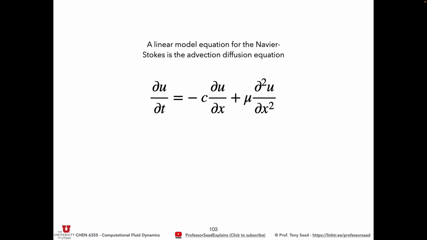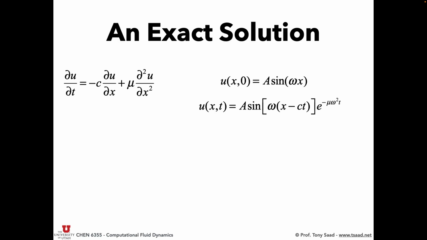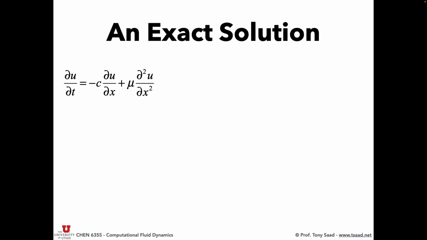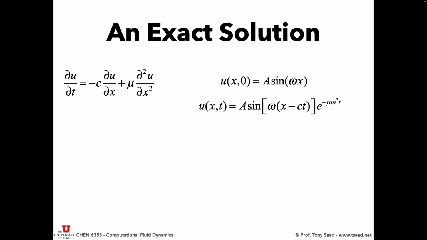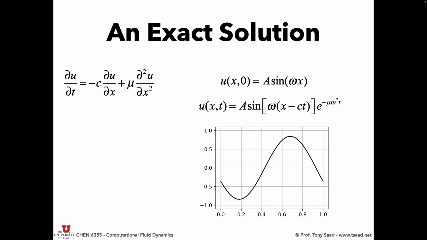It's unsteady, yeah. Okay, so forget the exact solution for a second. Well, we will eventually need to work with an exact solution, and I'm showing here an exact solution to the advection diffusion equation. If your initial condition is sine omega x, then an exact solution for that equation is sine omega (x minus ct) times e to the minus mu omega squared t.